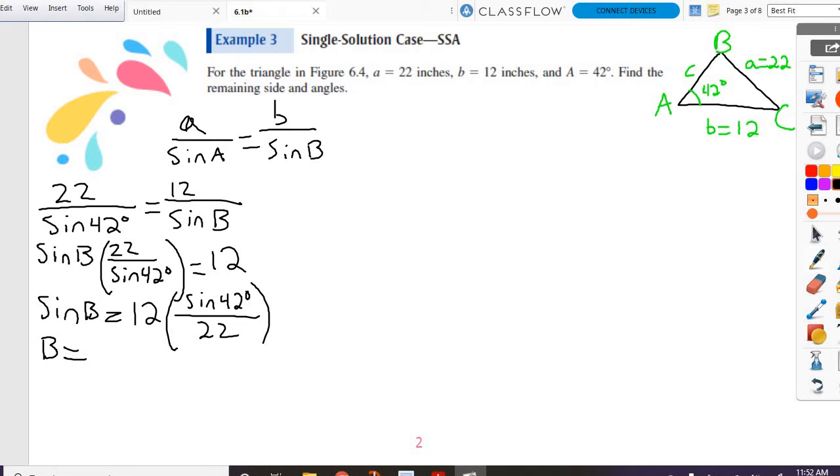Not multiplying because it's an operator, but I'm taking sine inverse of both sides. Yes. So I want to take sine inverse of my right side, and then we're going to plug it into our handy dandy calculator. So if we don't have out a calculator, we need to get one out now because we're going to be using it quite frequently today.